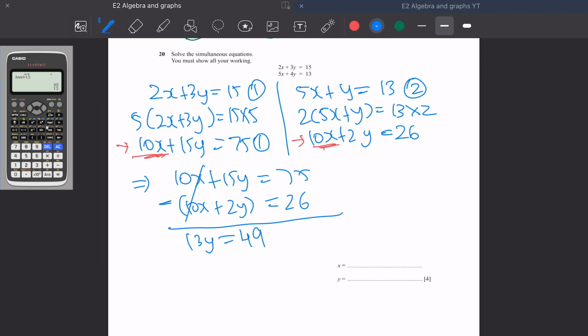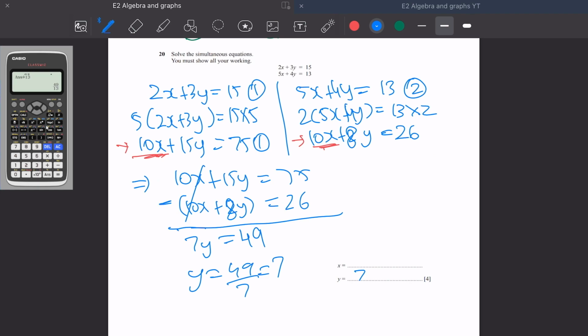I'm sorry, this should have been 5x plus 4y, so this would have been 8y, and this would have been 7y. And y is 49 by 7. We get 7.